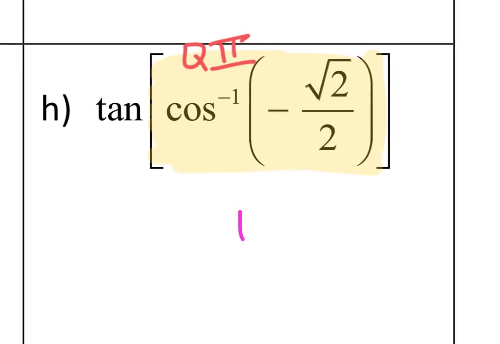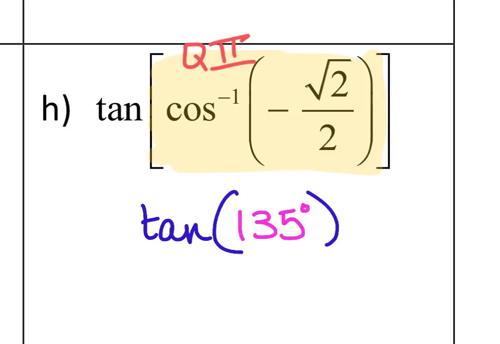So this question is really asking you, what is the tangent of 135 degrees? Tangent in the second quadrant is negative, and so the tangent of 135 degrees is going to be -1.